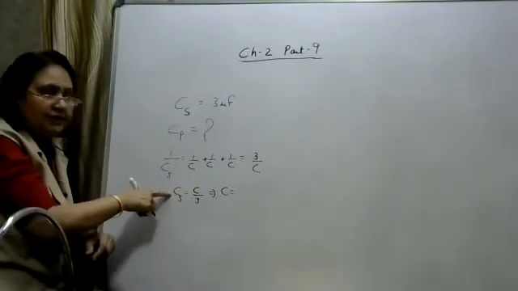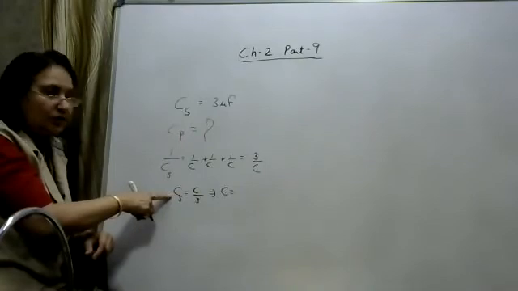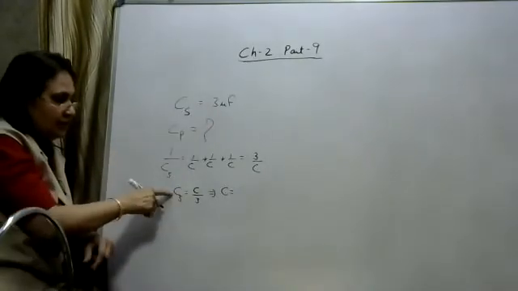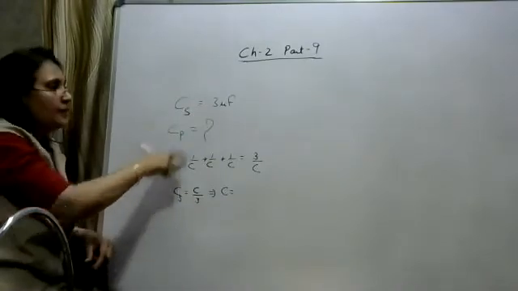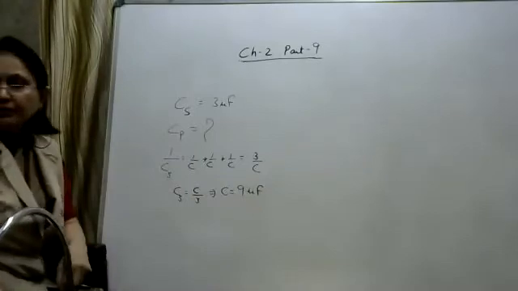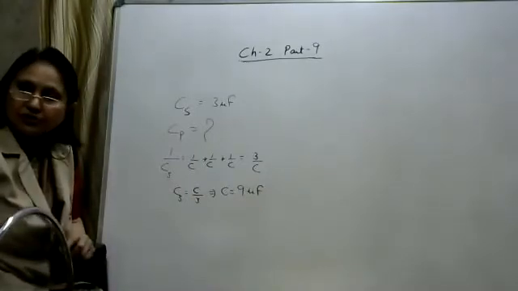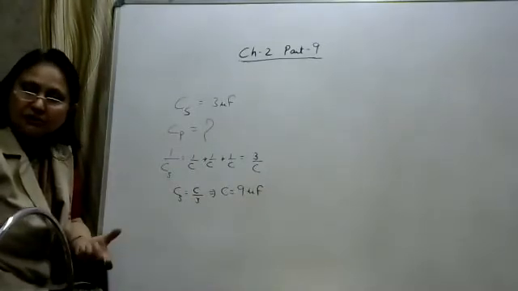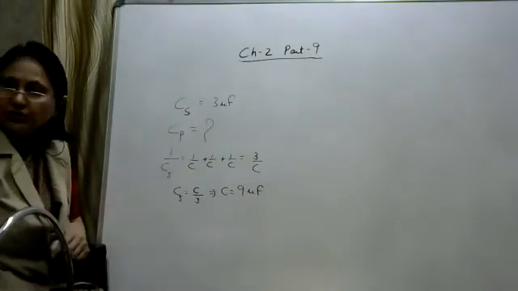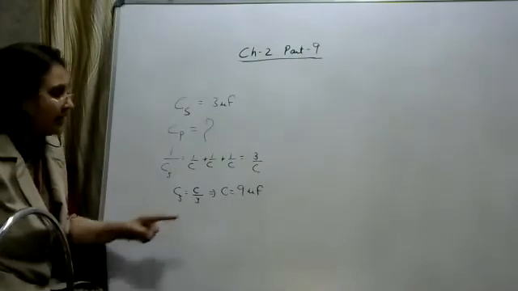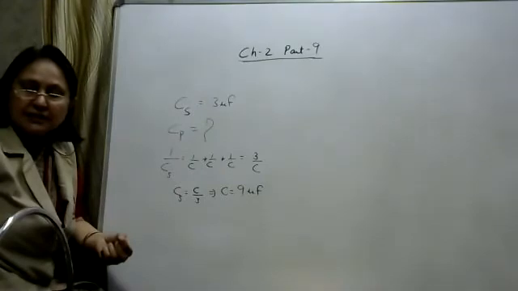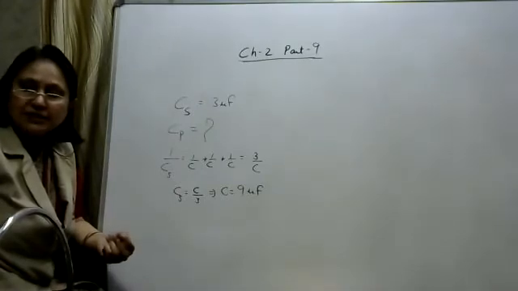So here you can find out the capacitance of the individual capacitor. It will be equal to 3 into CS, and CS here is given as 3. So 3 into 3, 9 microfarad. So each one is of 9 microfarad. All three are identical, so the capacitance of each capacitor is 9 microfarad.